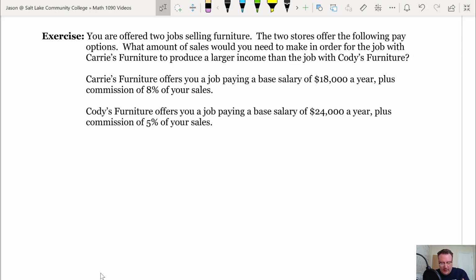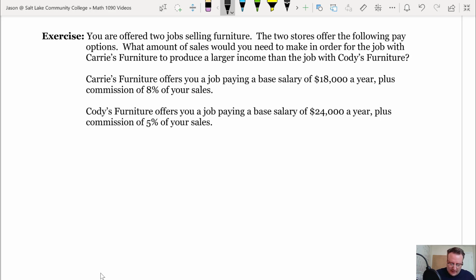This is income, kind of like a cost function where we have this fixed piece. We get the base salary even if we don't make any sales, and then a variable part to our salary as well, the commission.